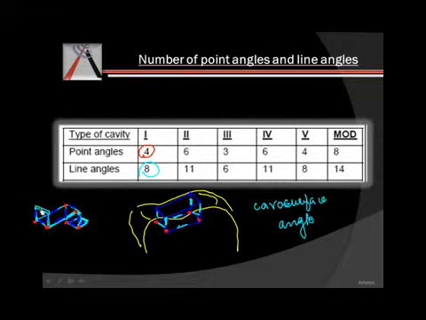We are not counting this line angle, this point angle and this line angle and these point angles because here your surface continues. So these are your cavo-surface line angles and point angles. So that is how you get 6 and 11. With these two, I think you can go ahead with class 3 cavity wherein you have this triangular kind of cavity. You can just count it for the same.